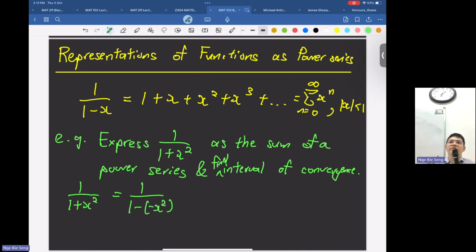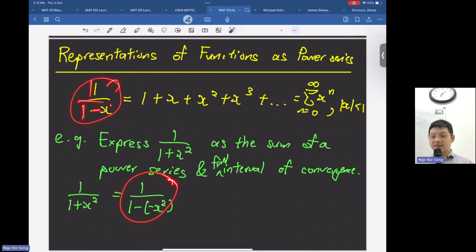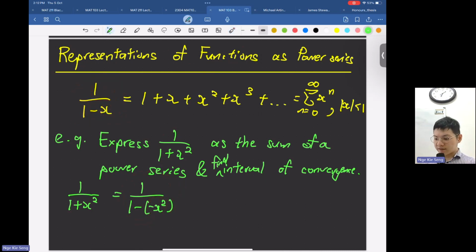It's like we change variable here. Can you see these two are similar? 1 over 1 minus something. The something here is different now. So let's say we change this variable to minus x squared. What happens to our power series? We also substitute all the x as minus x squared.